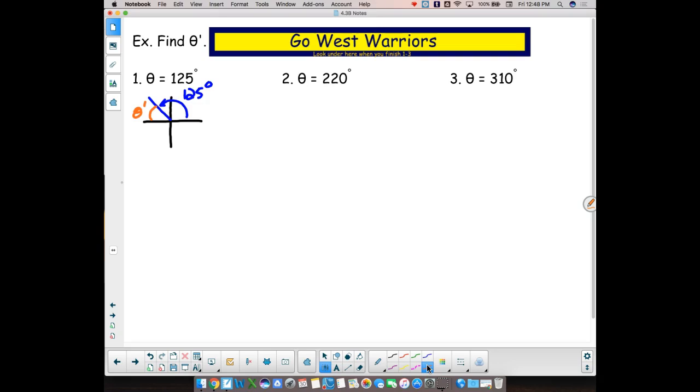So what is my reference angle? Well, I'm thinking I gotta get to the horizontal. So I either gotta get to 180 or I gotta get to 360. To get to 180, I would add 55 degrees. So my reference angle is 55 degrees.